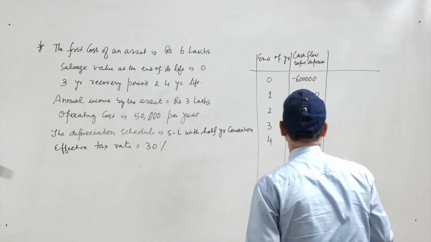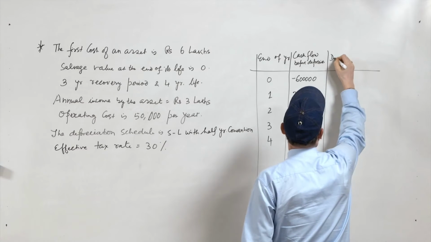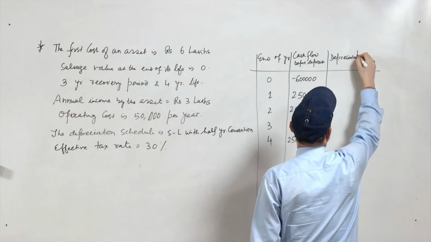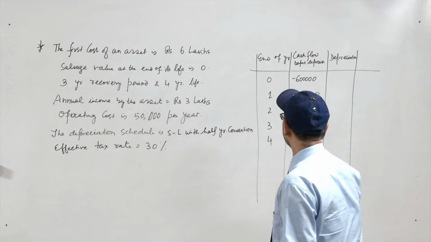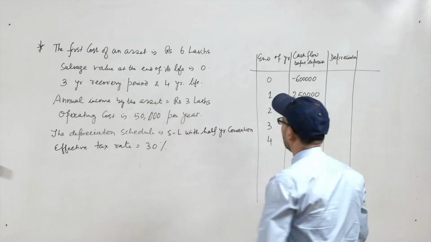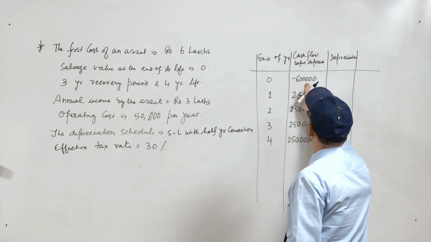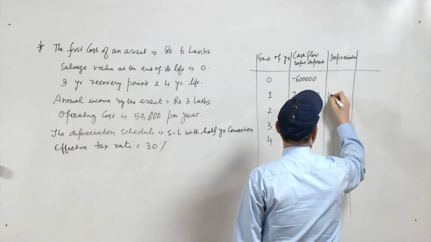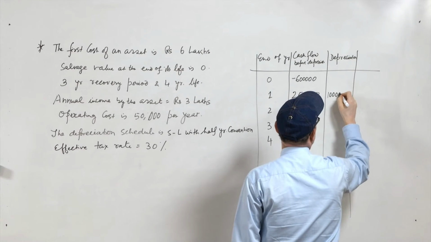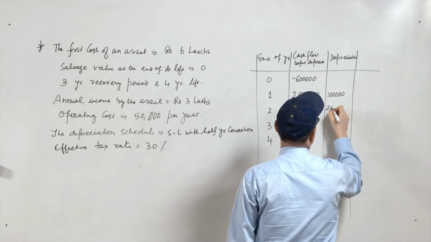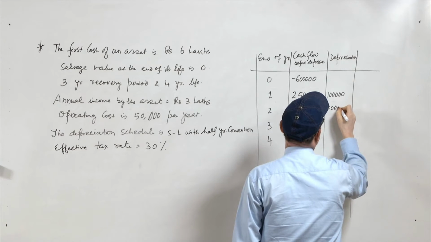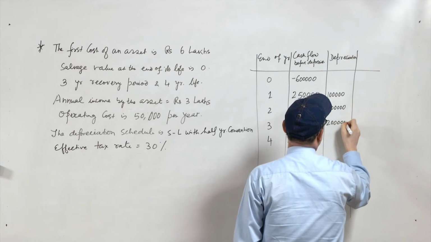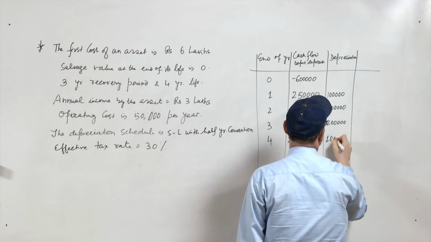Now we have to find the depreciation. Depreciation will be using straight line and half year convention. From the 6 lakh, 1 lakh will be depreciated in the first year and 2 lakh each during the other 2 years, and further 1 lakh in the last year.